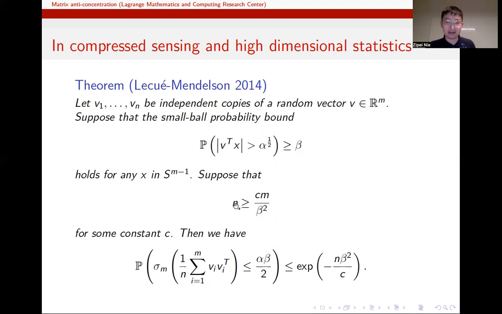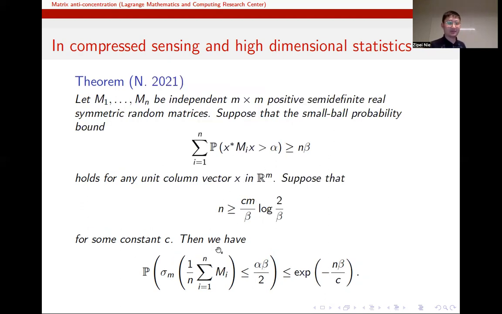And there's some restriction on the lower bound of n, that n is at least m over beta squared. We can improve their results so that we can deal with positive semi-definite random matrices. And the assumption is the small ball probability bound, and also the lower bound of n is m over beta times a log factor.